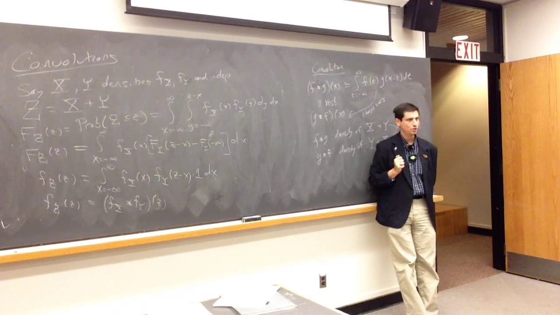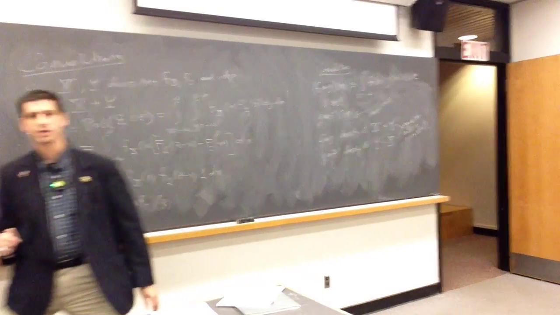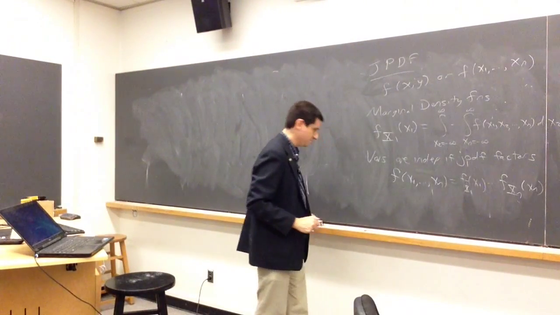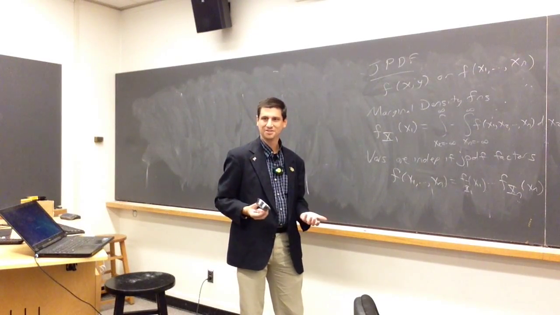Okay? What do you think the next question I might ask is? This will all be extremely important later when we get to the central limit theorem. What might be next?